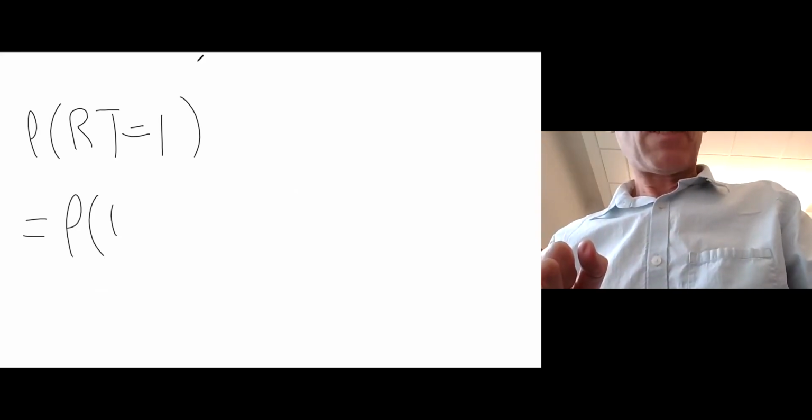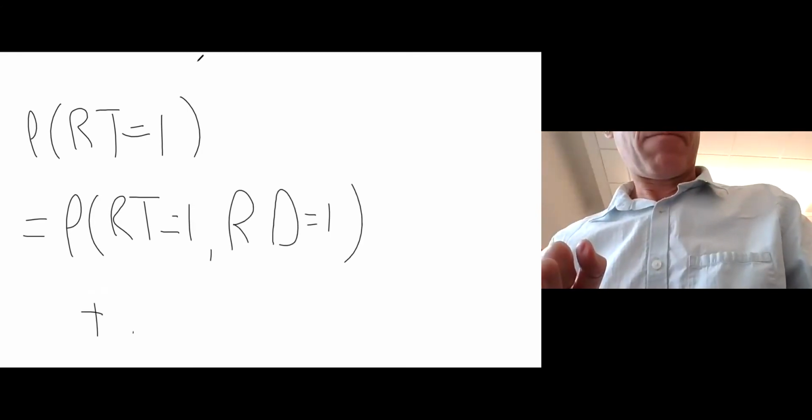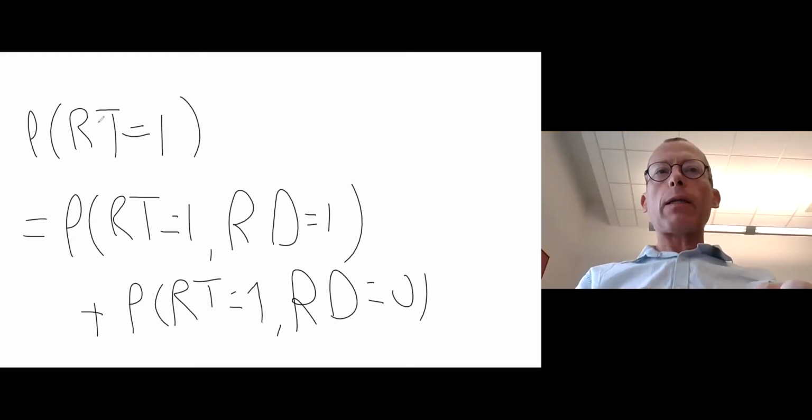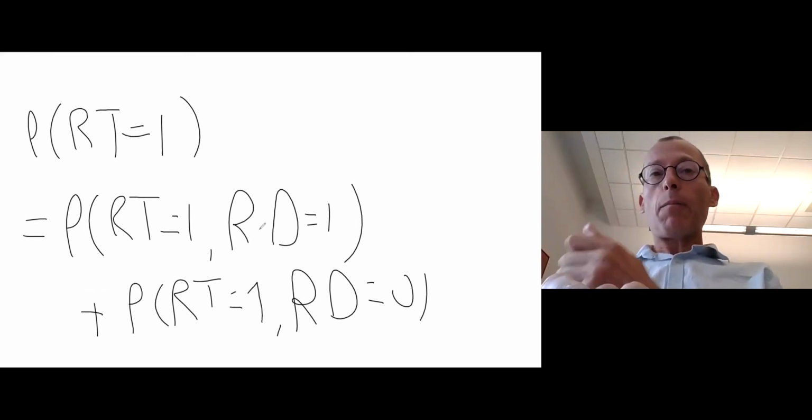This is P of RT equals 1 and so on. Okay, so what does it mean? The probability that it will rain tomorrow is the probability that it will rain tomorrow and it rained today, plus the probability that it rained tomorrow and it didn't rain today, right?